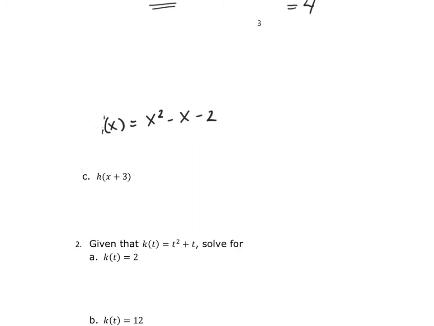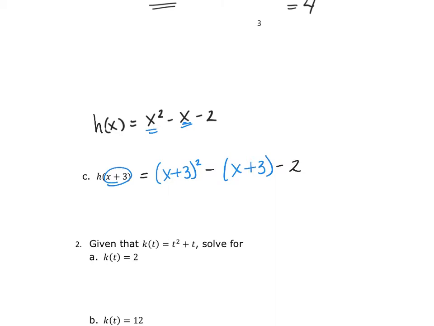So let me change that from f to h. So wherever I see x, I'm going to replace x here with the x plus 3 and also right here. So this is going to be equal to x plus 3, the quantity squared, minus x plus 3 minus 2.